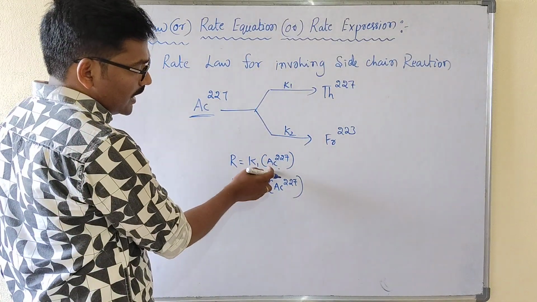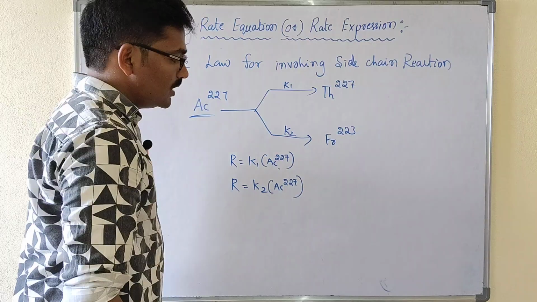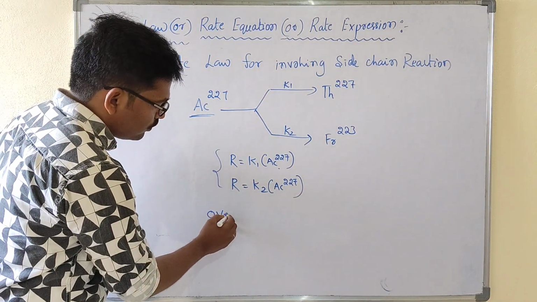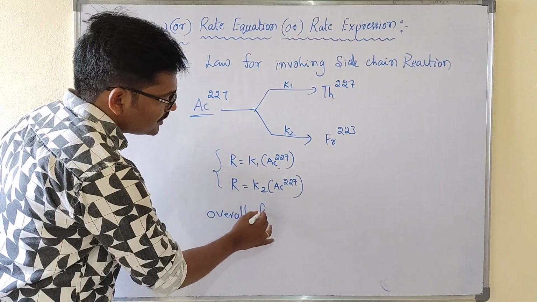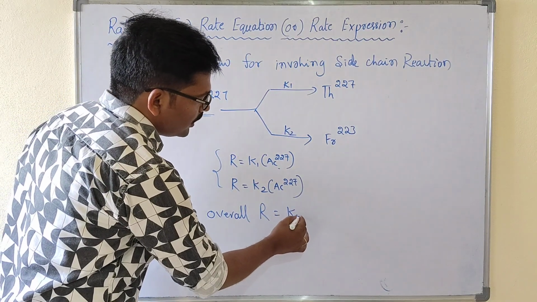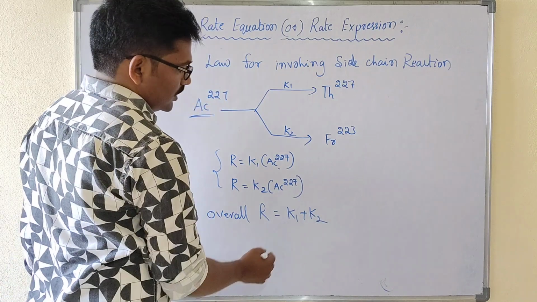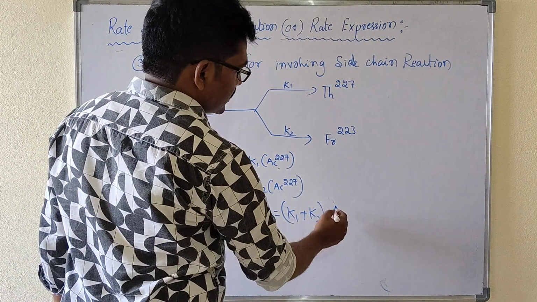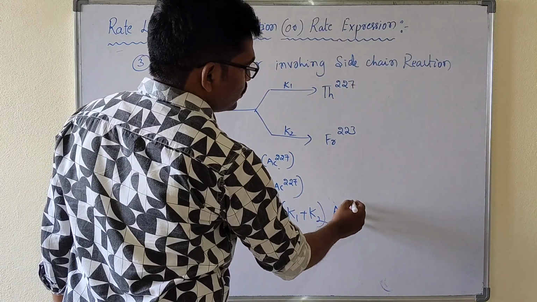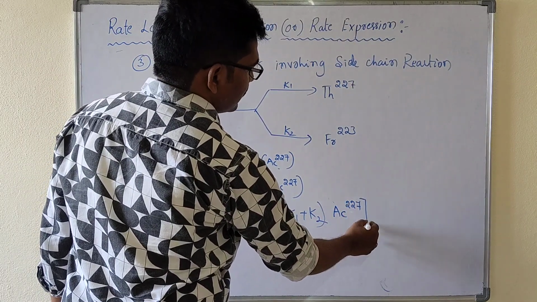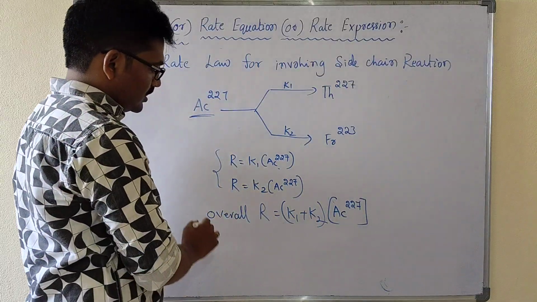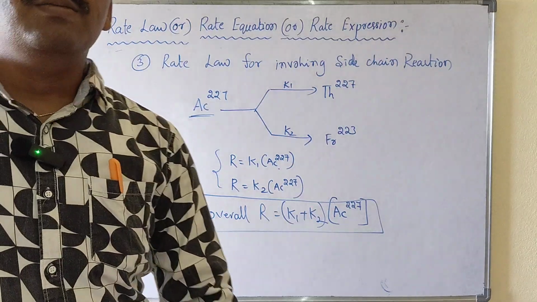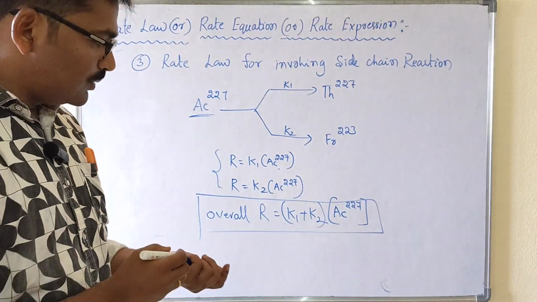Then the overall rate, if you want to take it, equals K1 plus K2 into actinium 227 concentration. This is the expression for side chain reactions. Understand, my dear students? So it will be like this.